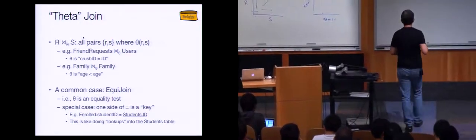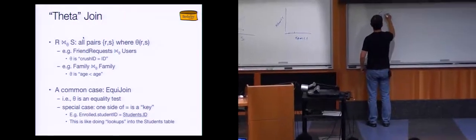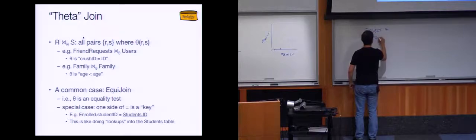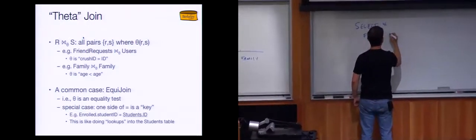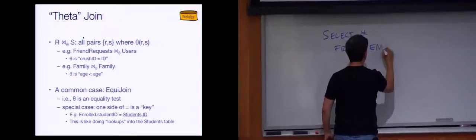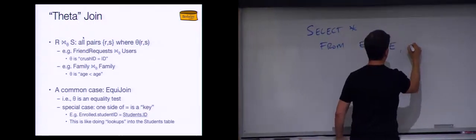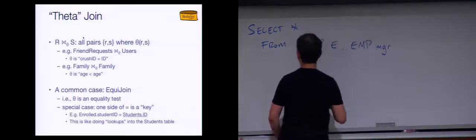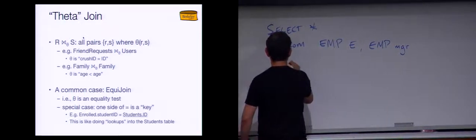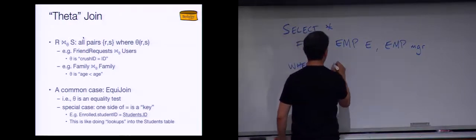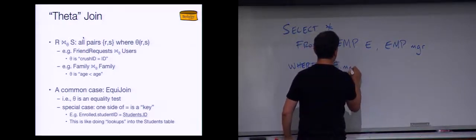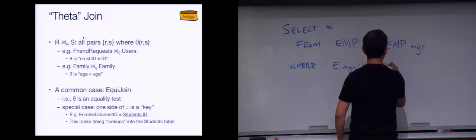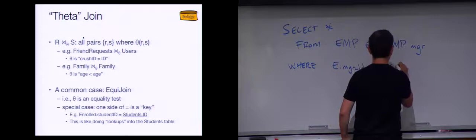We're saying select, for now we'll say star, from, and here we're going to see something we haven't seen before: from employee table E, and another version of the employee table, which we'll call mgr, for manager. And the theta that we're going to write down in the where clause is E.manager_ID, which is a column in the employee table, equals the manager's ID.